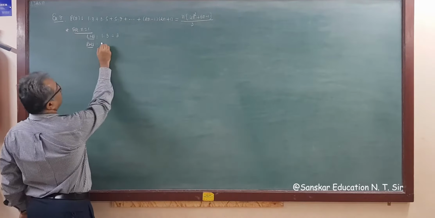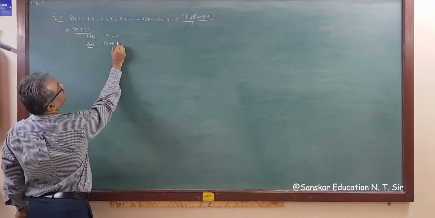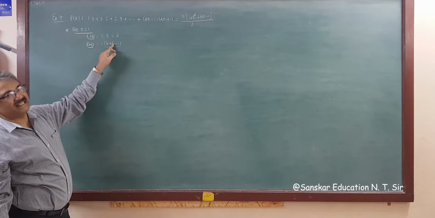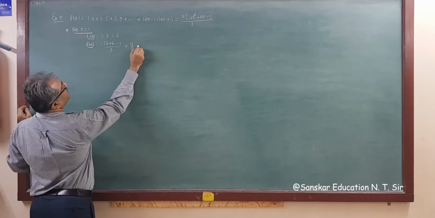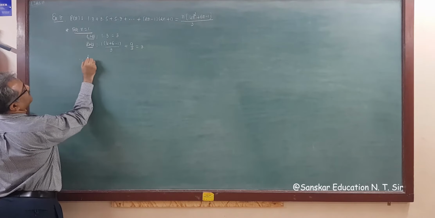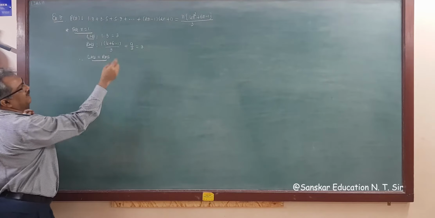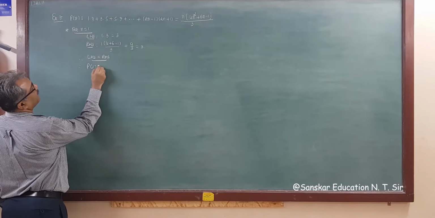What do we get? 1 into (4 plus 6 minus 1) divided by 3. Now 4 plus 6 is 10, 10 minus 1 is 9. So 9 divided by 3 is equal to 3. That is, left hand side is equal to right hand side. Therefore P1 is true.